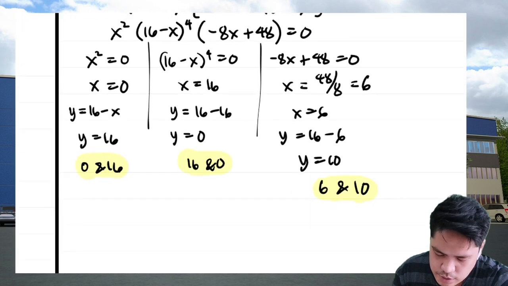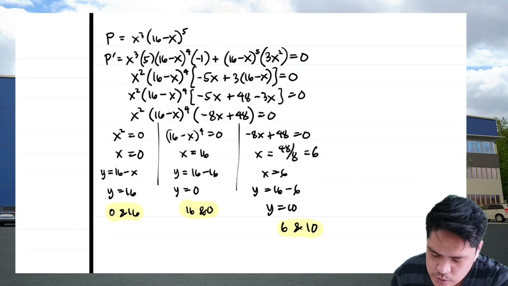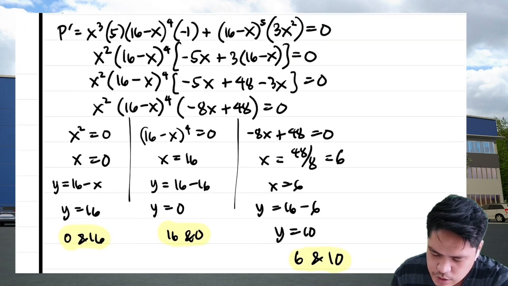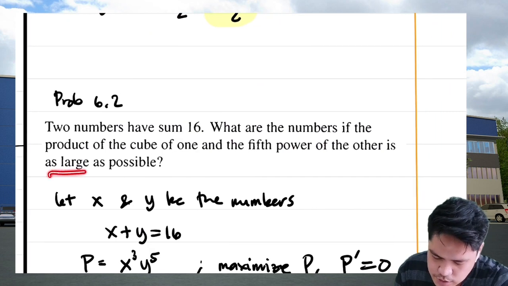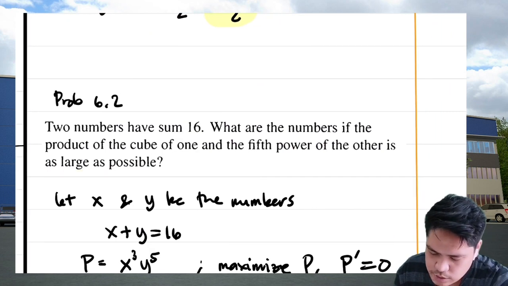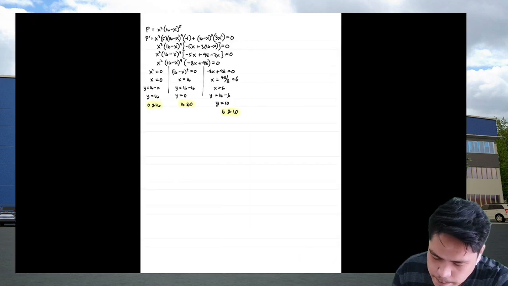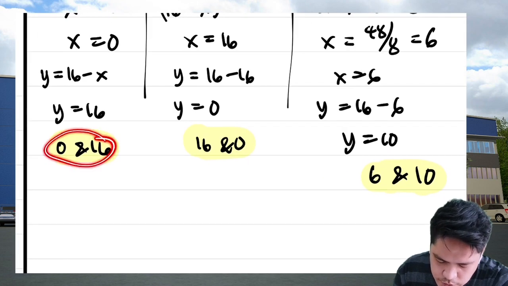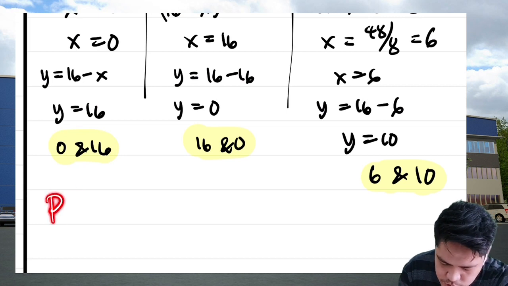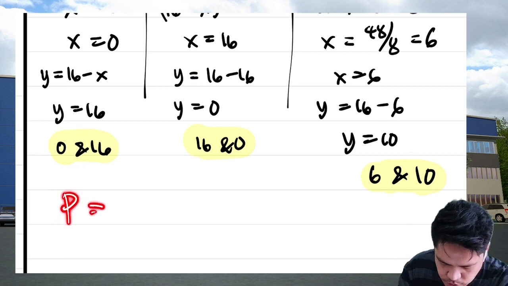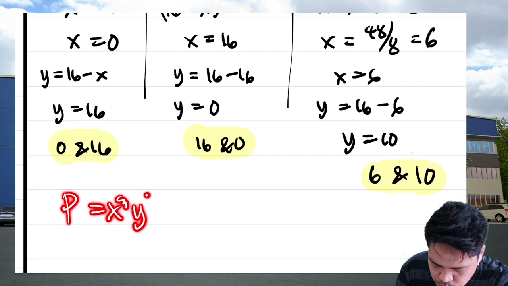Now which one of these will give the largest product? We are looking for the largest product. Obviously, the product p is equal to x cubed times y raised to 5.